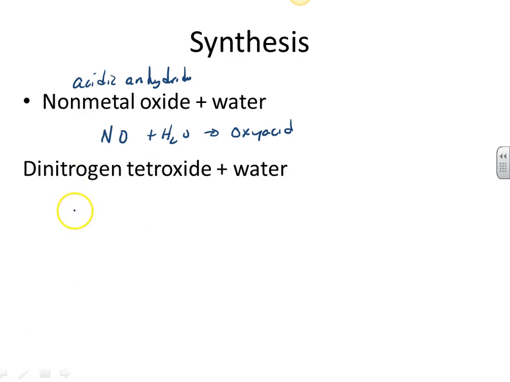So if we have dinitrogen tetroxide plus water, we're going to have an oxyacid. The oxyacid is going to have hydrogen from the water, and a nonmetal other than oxygen as part of a polyatomic ion.